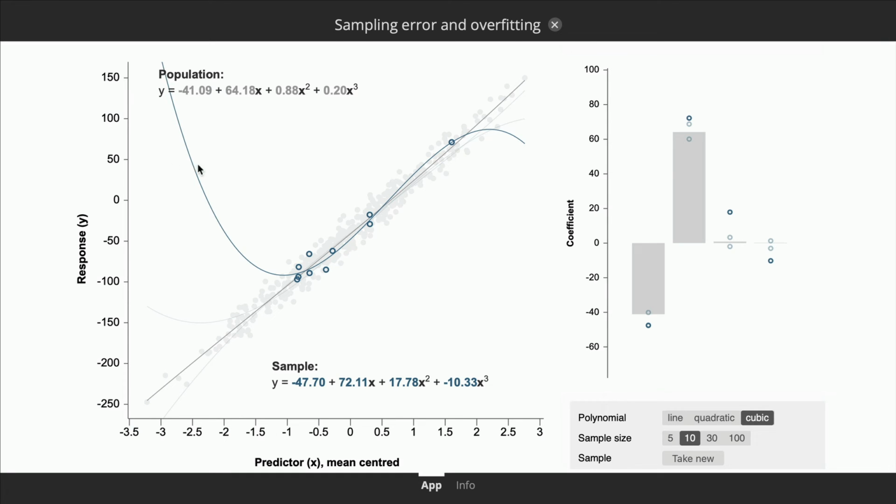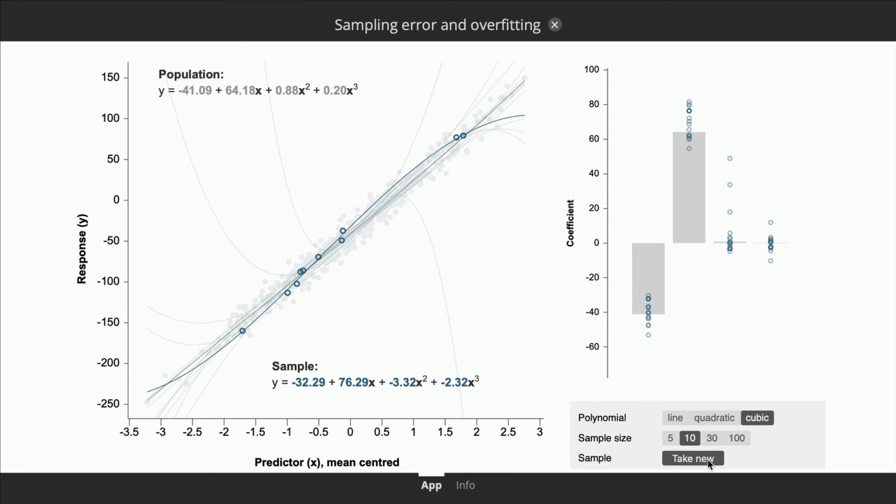And now you can see how big the difference is between the population and the sample. You can see how much larger this coefficient is compared to this one, and this coefficient compared to this one, right? Again, if I take a lot of samples, you can see that all these coefficients vary around 0. But sometimes they can be very heavy.